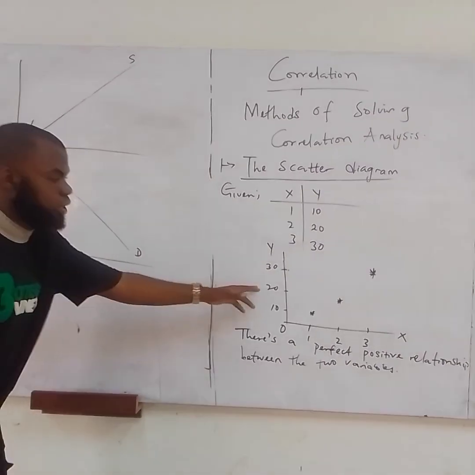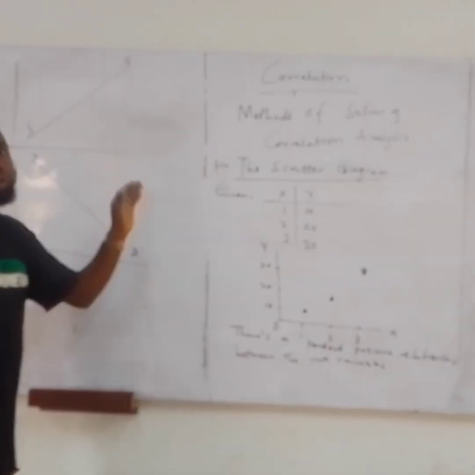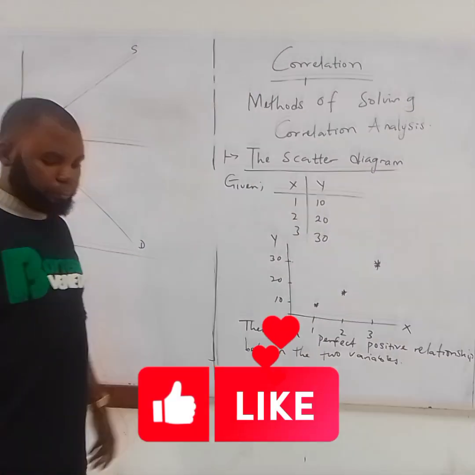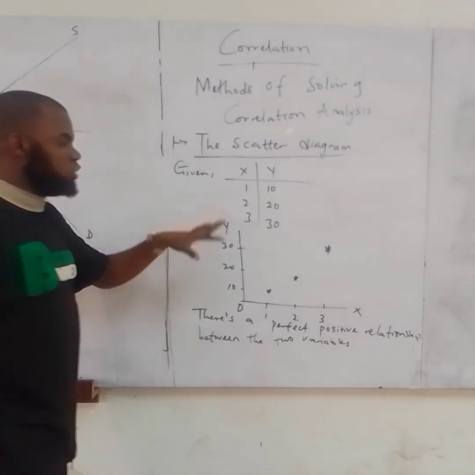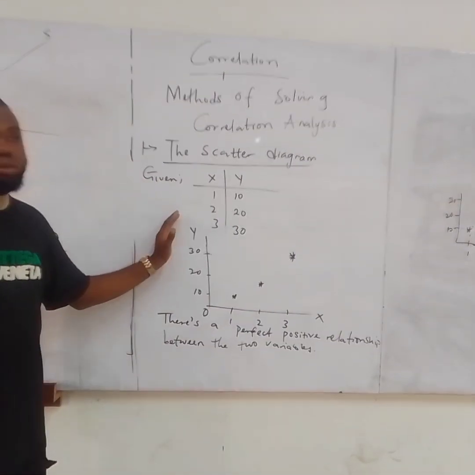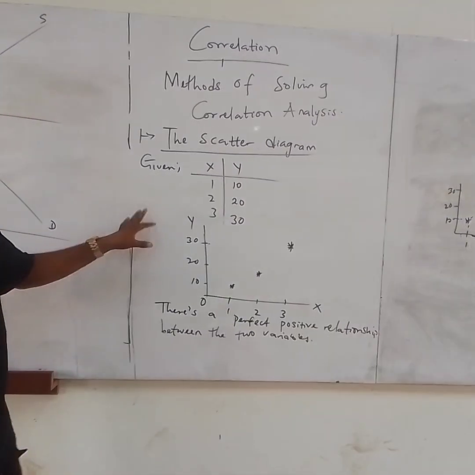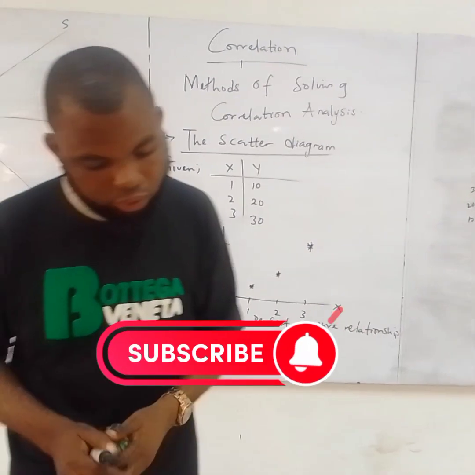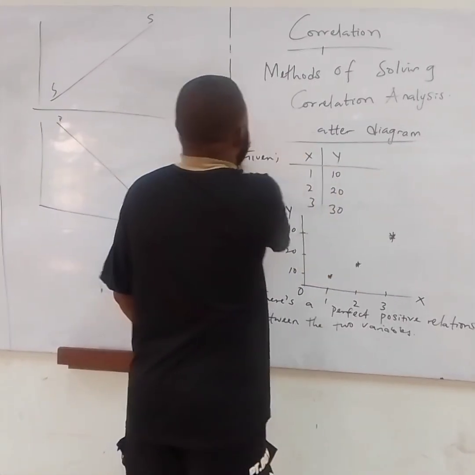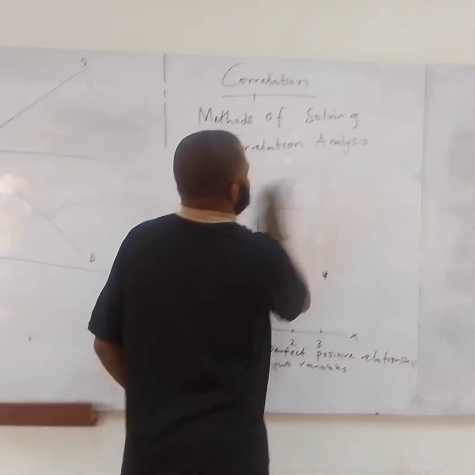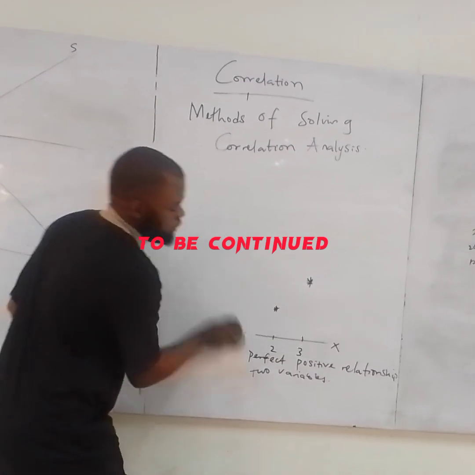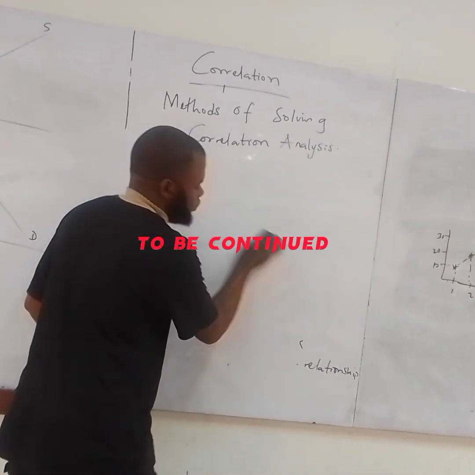So looking at it this way, you can solve any scatter diagram question using this form as well. Okay, that's that. So let's move to the second technique used in solving correlation, which is known as the simple correlation coefficient.